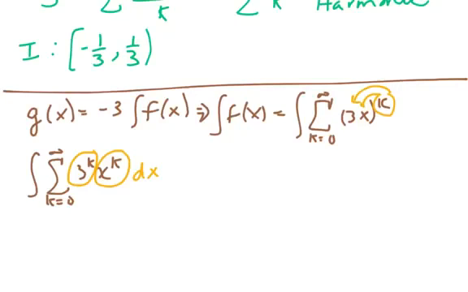So this is equal to the sum from k equals 0 to infinity, 3 to the k, the constant comes along for the ride, x, and when we integrate, we add 1 to the exponent, and we divide by that exponent. So we're left with this. Now, this is the integral of f of x.